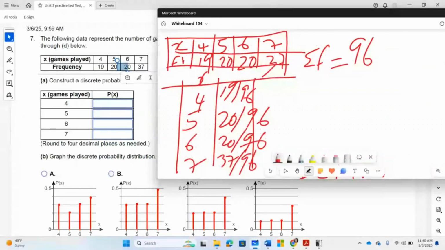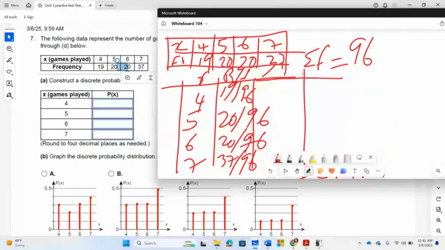Okay, so the next thing I want to do now is convert the relative frequency to decimal. It will help a lot. So let's change it to decimal. And by the way, we can put it in our calculator.